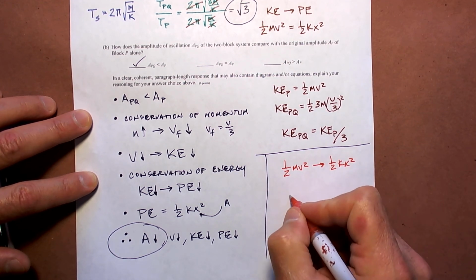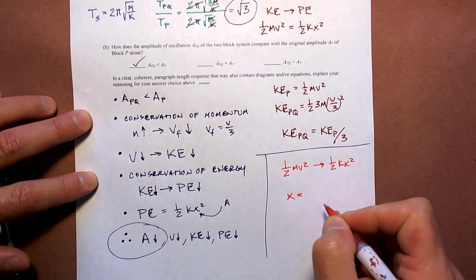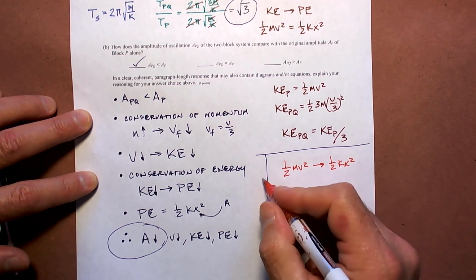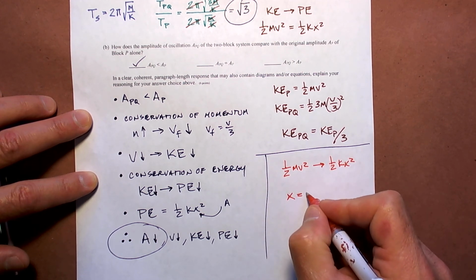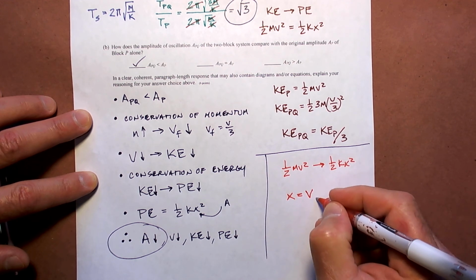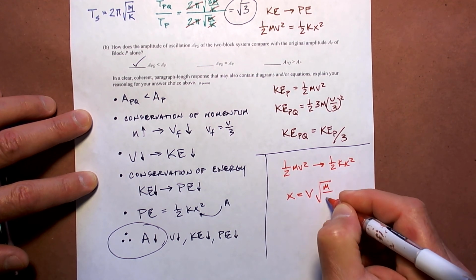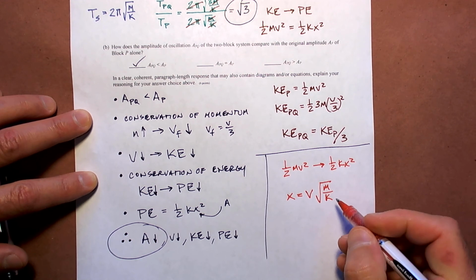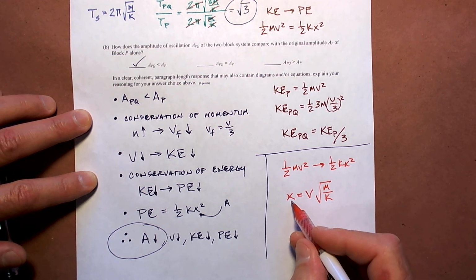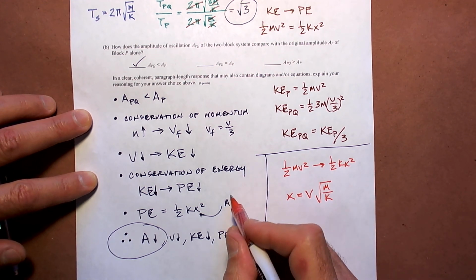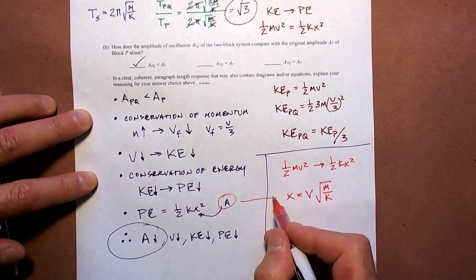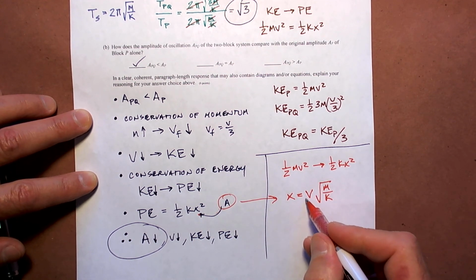If we solve this for x, the halves go away, and x is going to equal v times the square root of m over k. Take a look at this: the amplitude, A, is going to be the x, and it's going to be proportional to v.